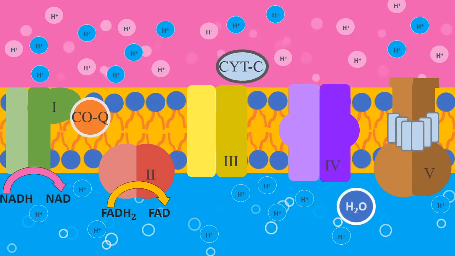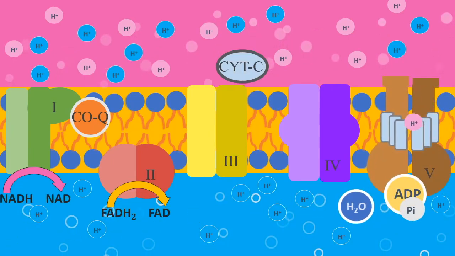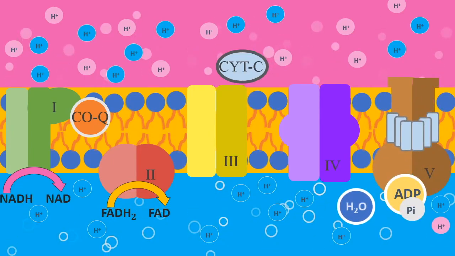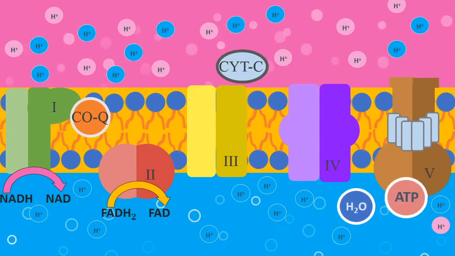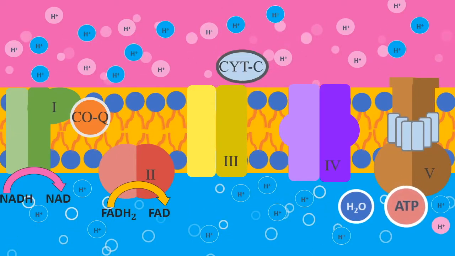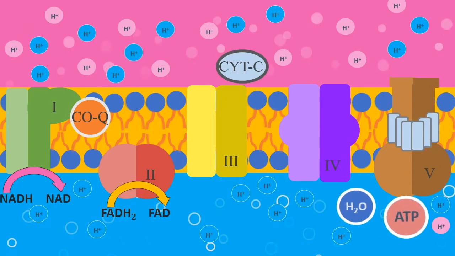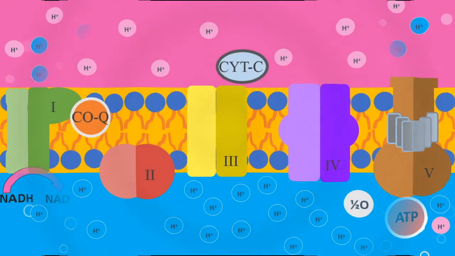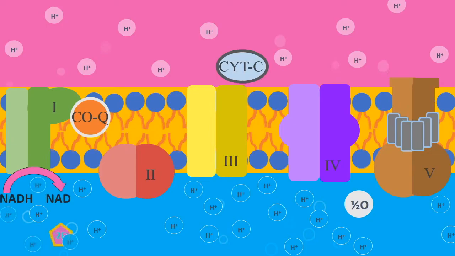Now, the ATP synthase uses the energy generated from the flow of hydrogen ions to phosphorylate adenosine diphosphate into adenosine triphosphate. ATP is the currency of energy in our body. Again, this is the electron transport chain.